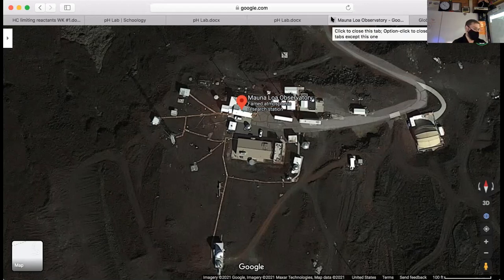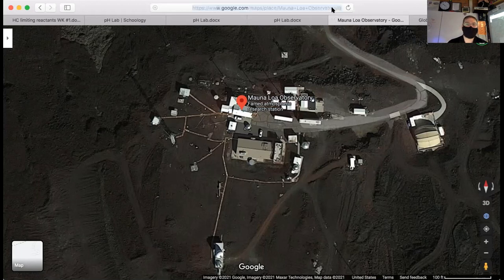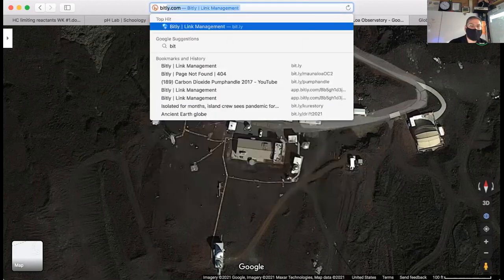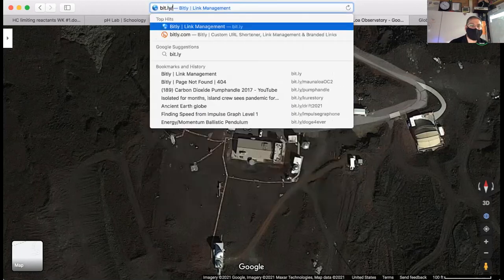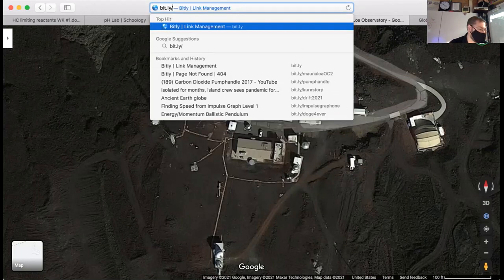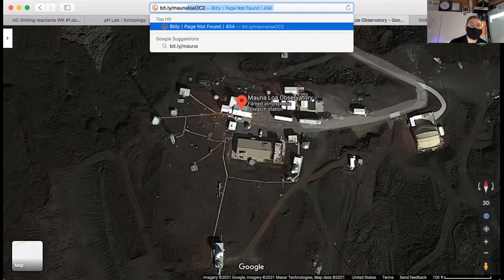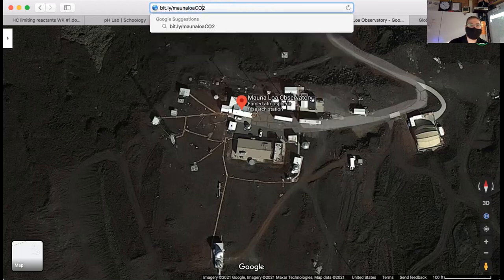So if you look on the second page, there's a place where you can visit NOAA's website to learn about what CO2 concentrations are like. I put the link at the top of the page, bit.ly/MaunaLoaCO2. And it turns out that is case sensitive.